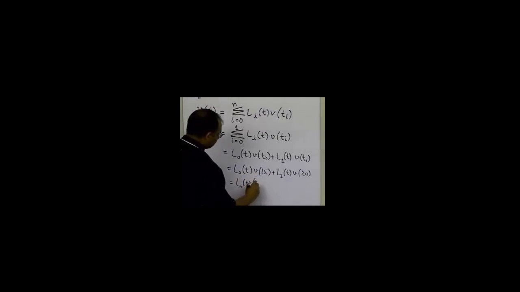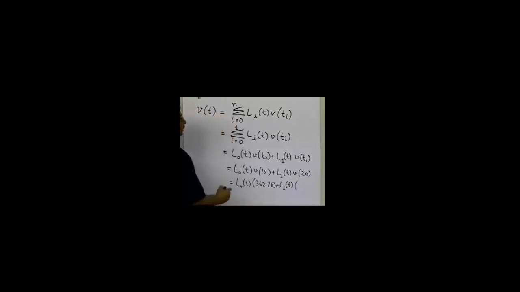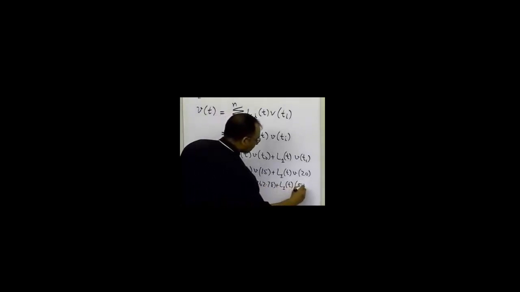So this gives you L naught of t times 362.78 plus L1 of t times 517.35. So let's go and find out what these two Lagrangian weight functions are so that we can complete this particular interpolant here.